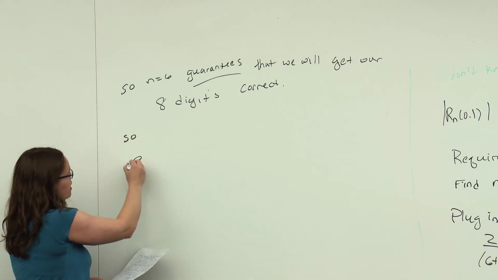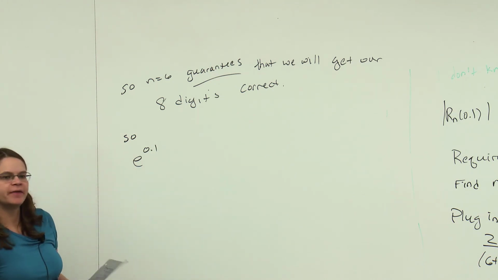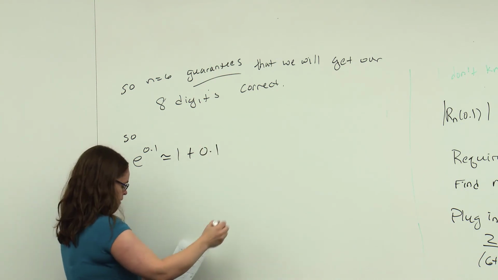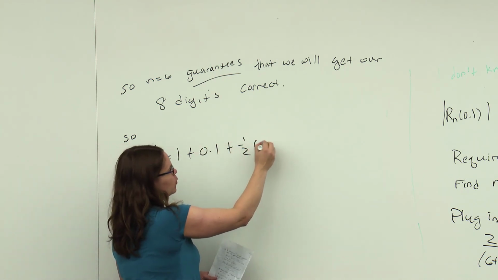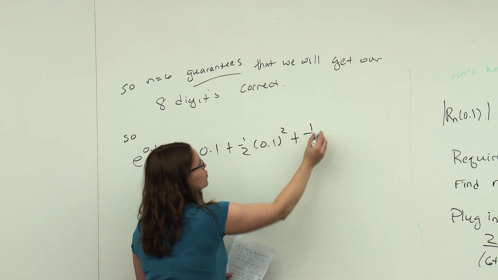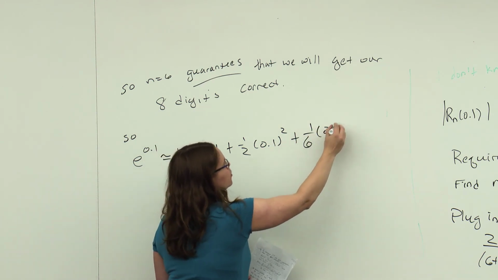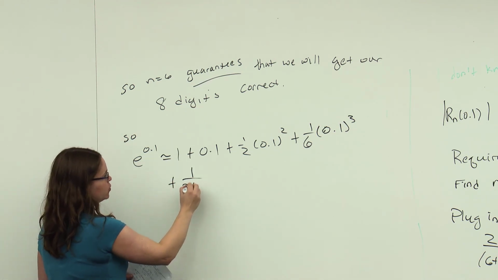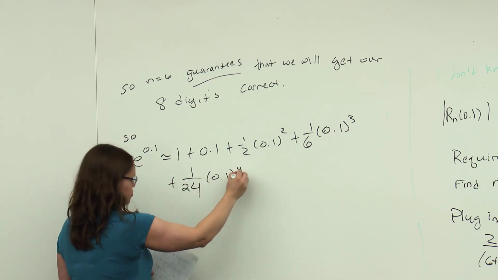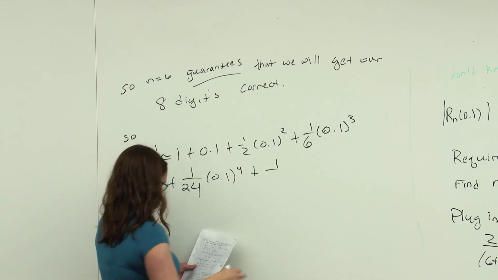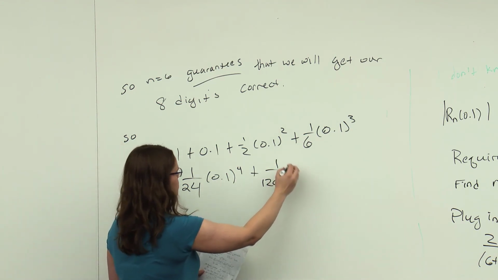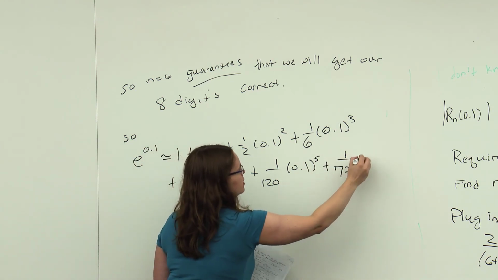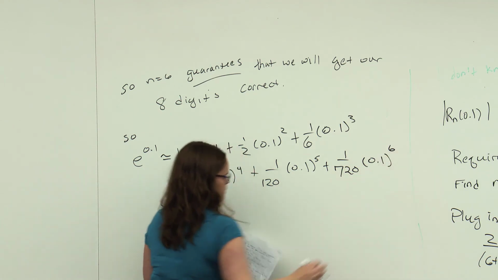The calculator is going to say, all right, e to the 0.1, that's a complicated function, but let's do this: 1 plus 0.1 plus 1/2 times 0.1 squared plus 1 over 3 factorial, that's 6, times 0.1 cubed plus 1 over 4 factorial, 0.1 to the 4th, plus 1 over 120, 0.1 to the 5th, plus 1 over 720, 0.1 to the 6th.